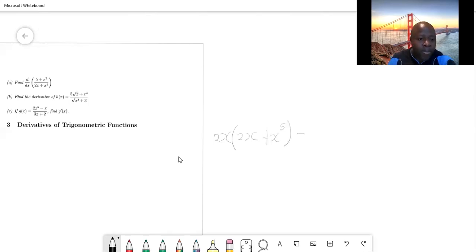Then minus, now differentiate the denominator to get 2 plus 5x raised to 4, times the numerator. Everything divided by the square of the denominator.